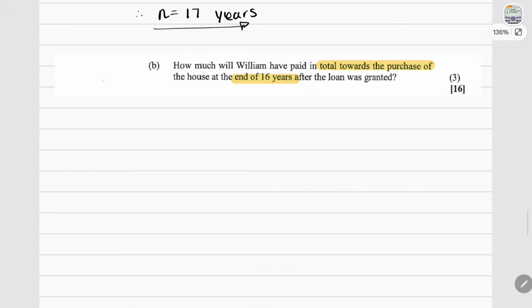So in total, what he ended up paying towards this house, okay, the total payment, this would be made up of first the total amount he paid for the loan, okay? He paid 11,000 every month, but then they're saying at the end of 16 years. So at the end of 16 years, he would have paid 16 years worth of payments, okay? And then we also need to add the deposit that he made because the deposit was not included in the loan.